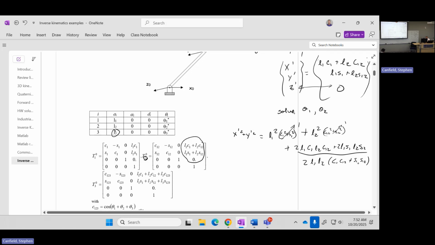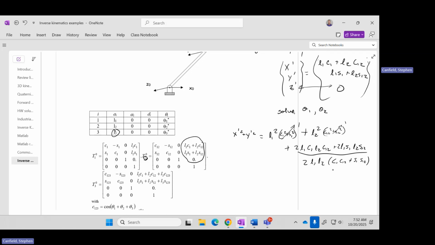Good luck seeing it, but it's what we're practicing doing. Do you see the angle addition identity tucked inside there? This is like cosine alpha cosine beta plus sine alpha sine beta, which becomes cosine of alpha minus beta. Ignore my camera going crazy.